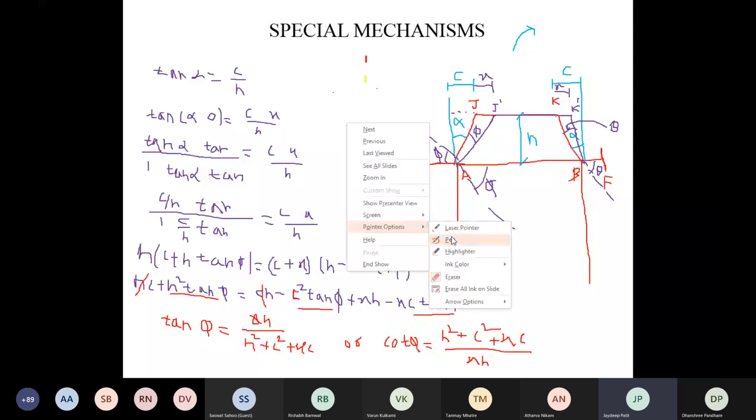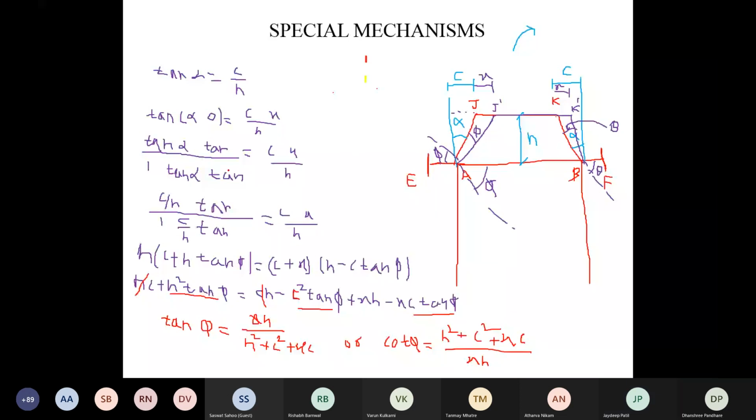ओके, क्या आएगा यहाँ पे? tan अल्फा माइनस थीटा, इज इट राइट? Yes. tan alpha minus theta is equal to c minus x by h. Okay, this tan alpha minus theta means, क्या आएगा? tan a minus b means, फटाफट.